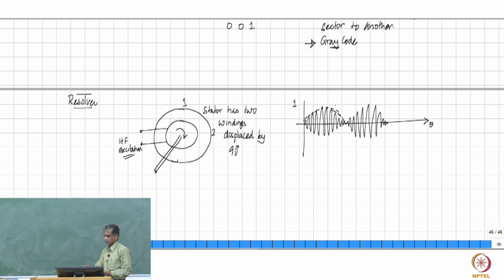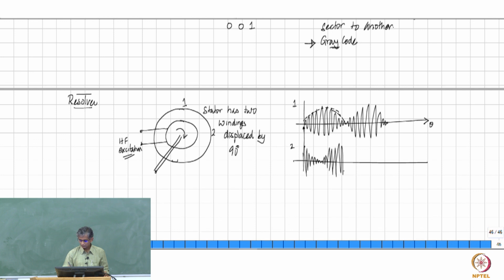And similarly, for the next one, since it has been displaced by an angle equal to 90 degrees, if you are having low value of induced EMF here, the next one would have a high value of induced EMF, and therefore that would go like this. Right?